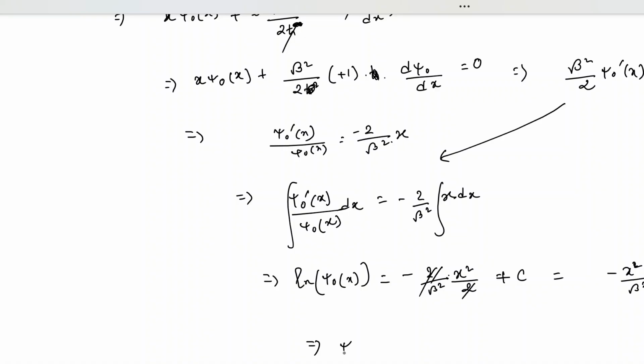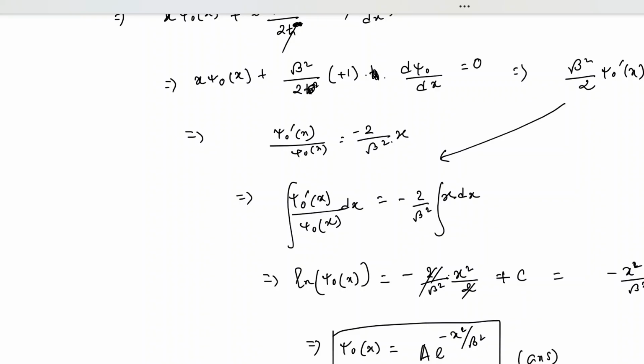So you have psi naught x equal to a e to the power of minus x squared by beta squared, where the constant term is adjusted within a. So this is your final form: this wave function psi naught x will be a e to the power minus x squared by beta squared. This is your final answer for the ground state.